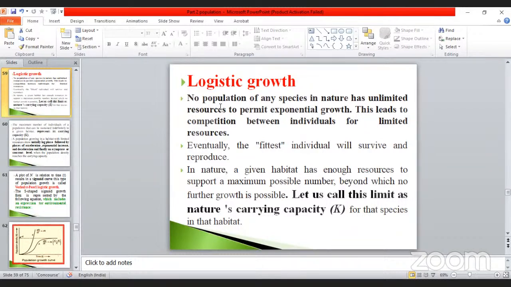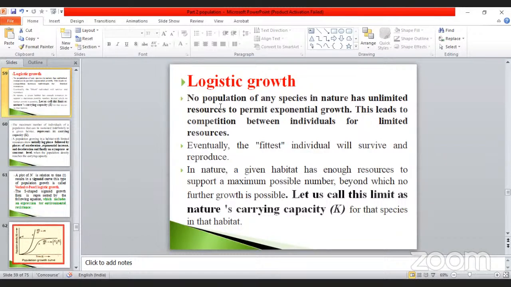No population of any species in nature has unlimited resources to permit exponential growth. This leads to competition between individuals for limited resources. Already you know about survival of the fittest. Charles Darwin also spoke about survival of the fittest. What does it mean?